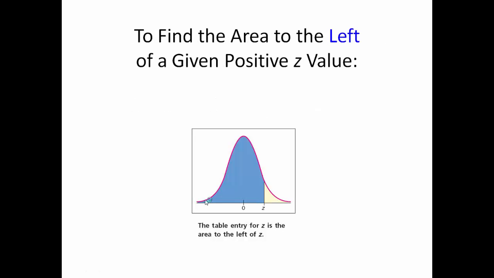When we find the area to the left of a given positive z value, we look it up on the table and it gives us this value. Intuition should tell us that anytime I am to the right of 0, or anytime I have a positive value, the area under the curve is always going to be greater than 50%.